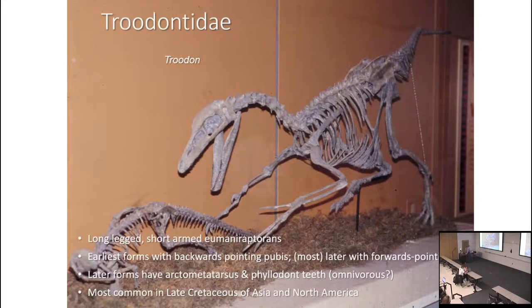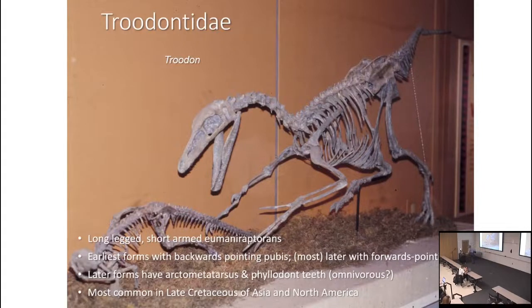Now, early troodontids have ziphodont teeth, blade-like teeth, as do most dromaeosaurids. But derived troodontids have phyllodont teeth, although a special type of phyllodont teeth that are particularly sharp, so they're probably omnivorous. Also, later forms of troodontids have an arctometatarsus, so yet another independent evolution of this pinched third metatarsal that, as we'll see when we talk about locomotion later on, is associated with higher speed running and/or greater agility.